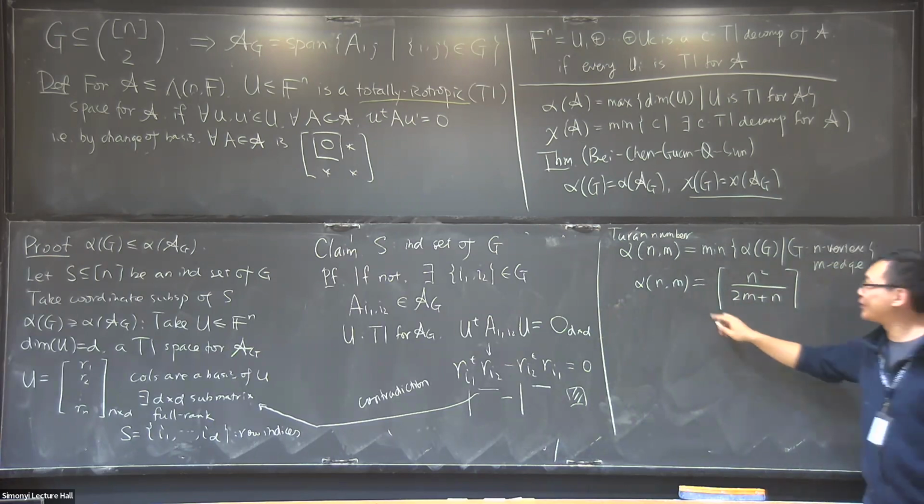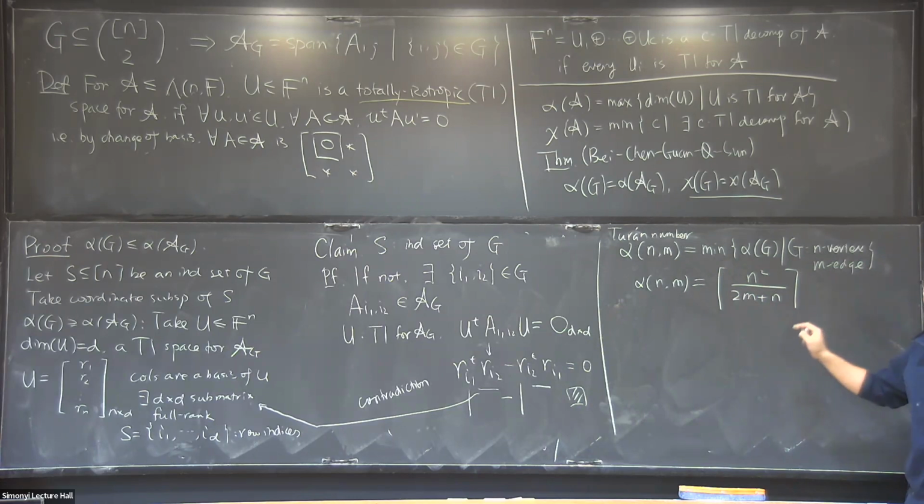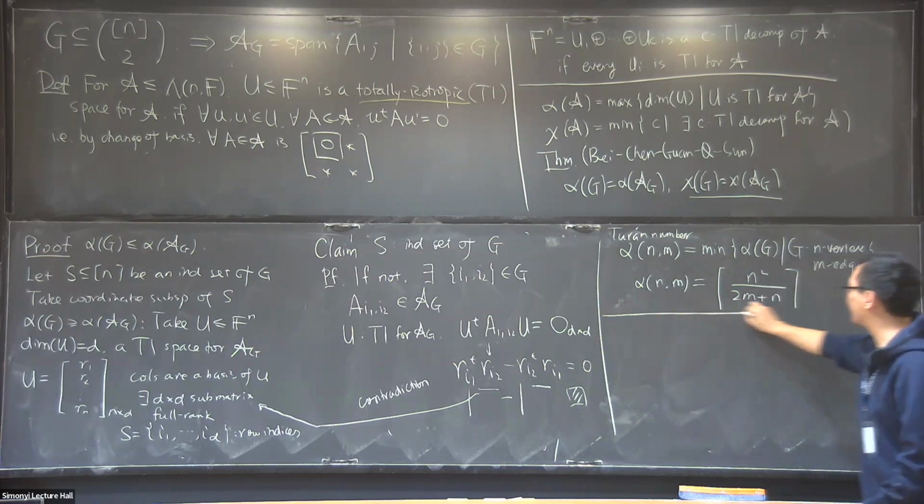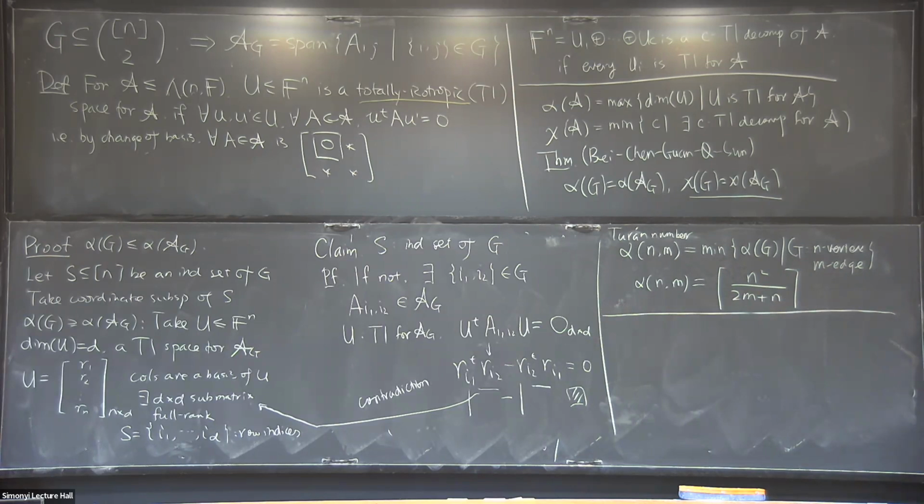But basically, if you don't see Turan's theorem put into this format, just trust me. This is definitely just a Turan extremal graph theory result put into the alpha(n, m) format.